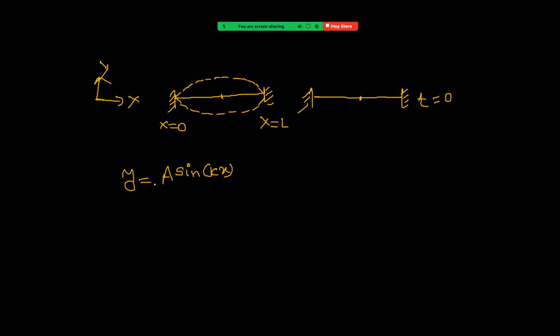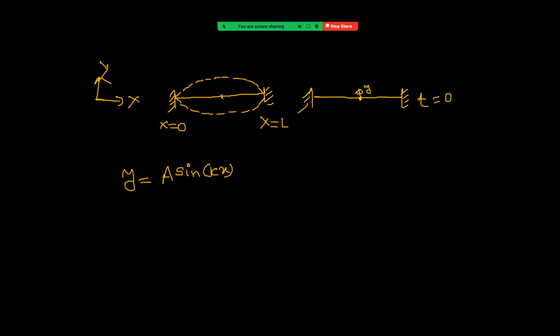Next, coming to omega t, what we have to write? Is it sine omega t or cos omega t? This is what we have to focus on. For that, we are given that the midpoint is passing through mean position and towards positive y direction.